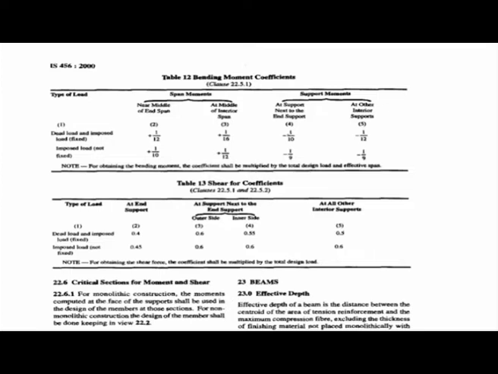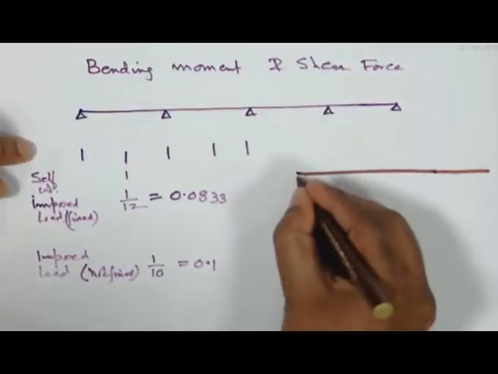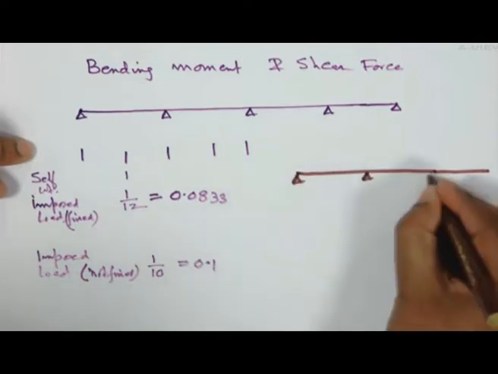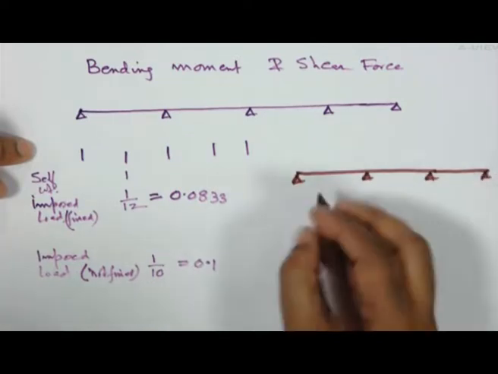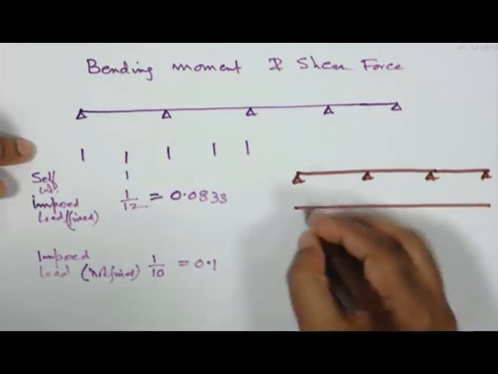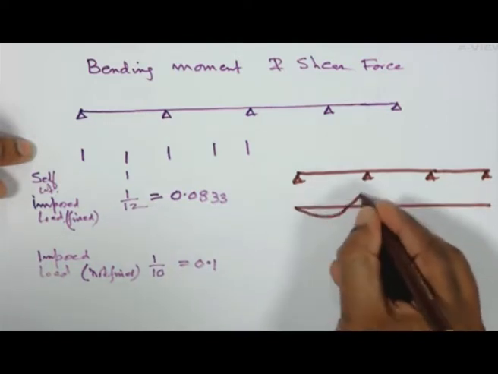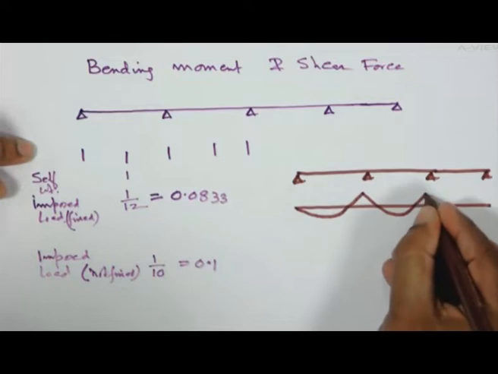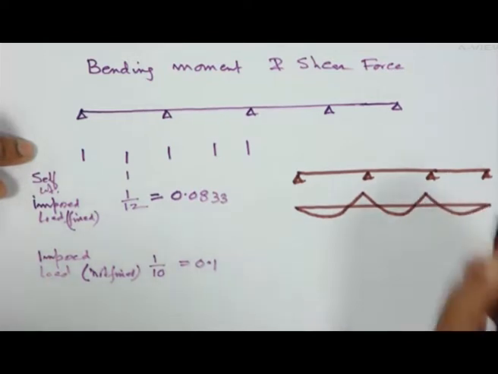Why are we telling near middle? This one I can show you by a simple example. Let us consider this beam. The bending moment here is like this.